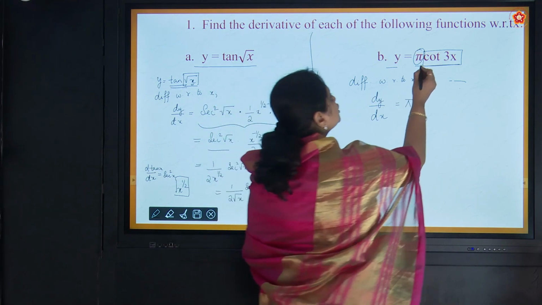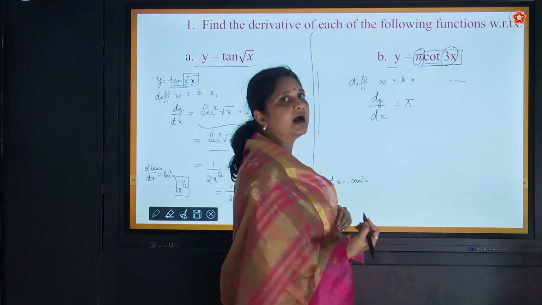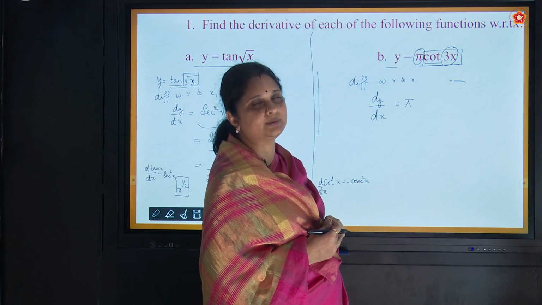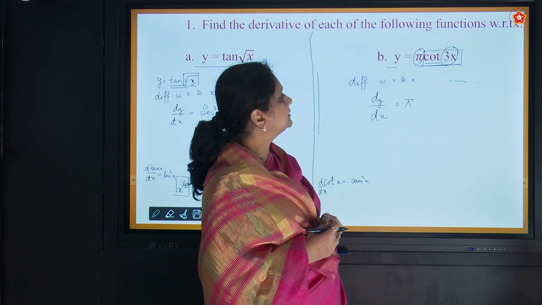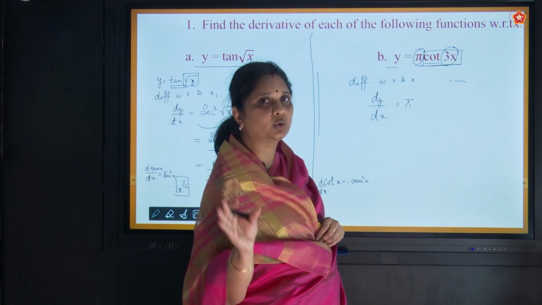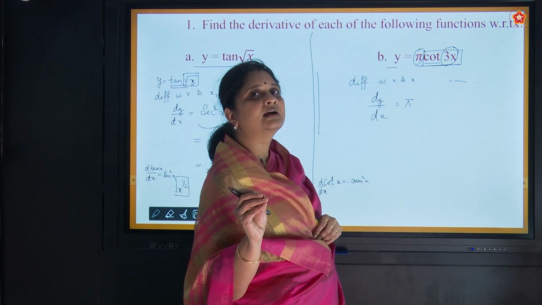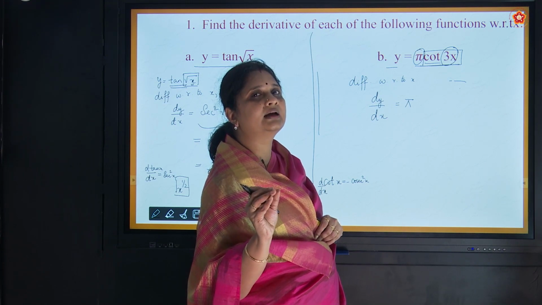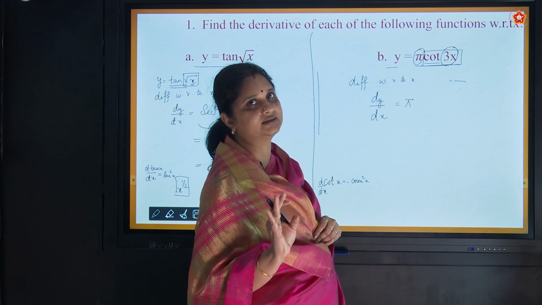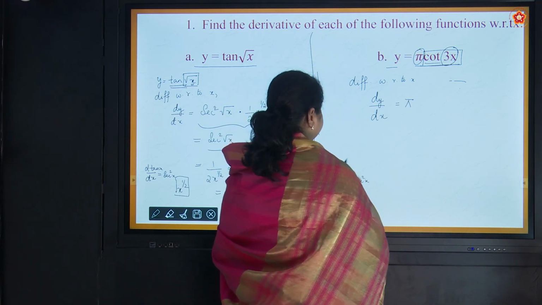Now, my outer function is a trigonometric function and my inner function, the argument, is an algebraic function, right? So how do I differentiate this? Again, I need to use the chain rule. Whenever the angle is another function and not just x, you need to use the chain rule. Please do not forget it. The outer function is the trigonometric function. First, let's differentiate that.